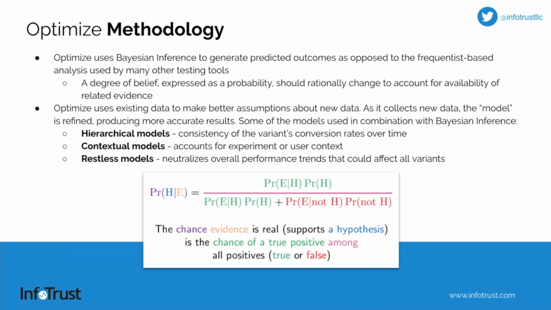And like I said, the Optimize methodology that's used is a Bayesian inference model, which generates predicted outcomes as opposed to the frequentist-based analysis used by many other testing tools. So with Bayesian, it's a degree of belief expressed as a probability that results should change rationally to account for availability of related evidence.